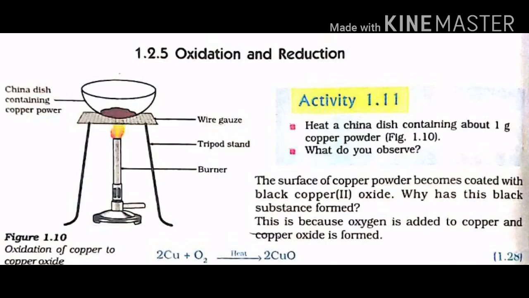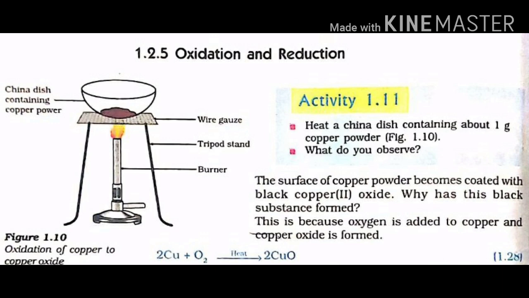To understand oxidation and reduction reactions, let us perform an activity. Take a china dish with 1 gram of copper powder. Heat it on a Bunsen burner. Observe what happens.